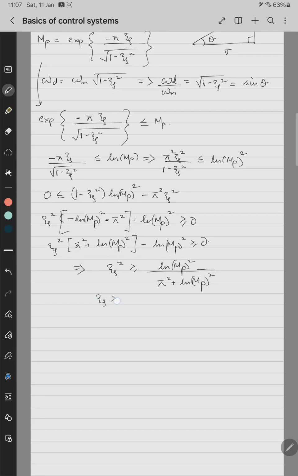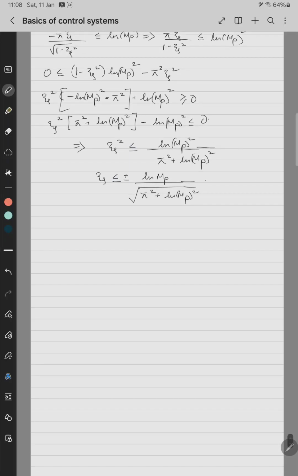So zeta will be greater than or equal to plus minus ln of Mp divided by under root of pi square plus ln of Mp whole square. This will be, oh, I did not reverse the sign. The sign should be reversed here. Less than or equal to.